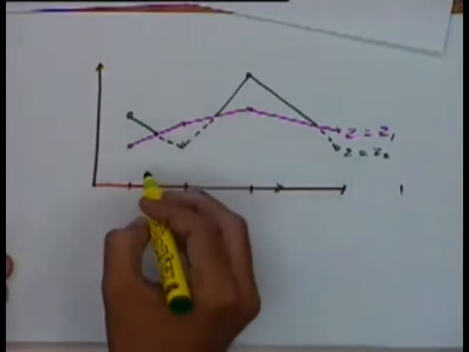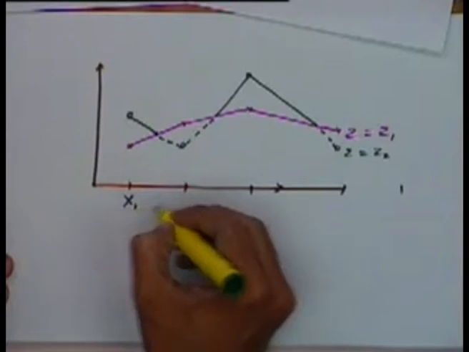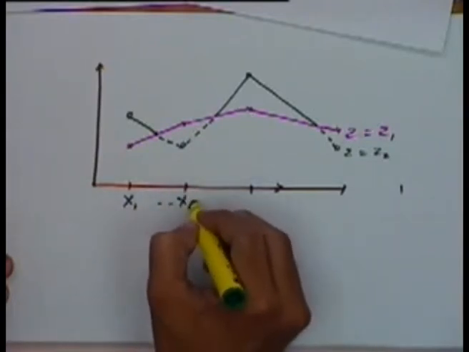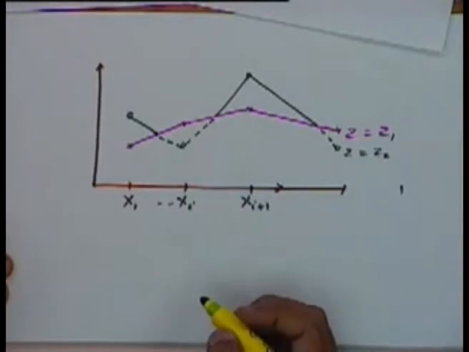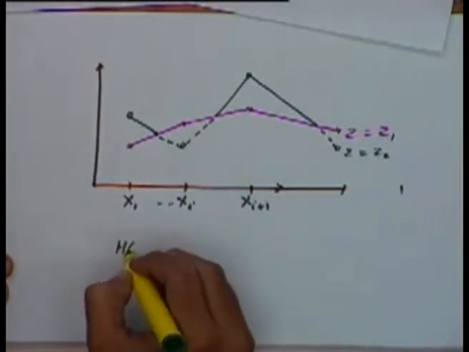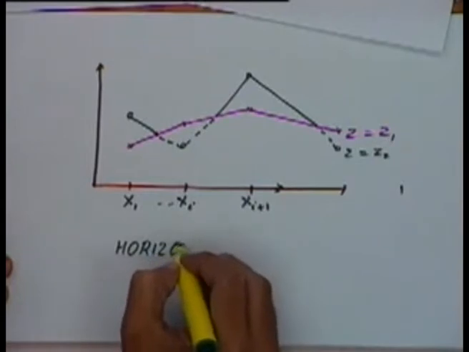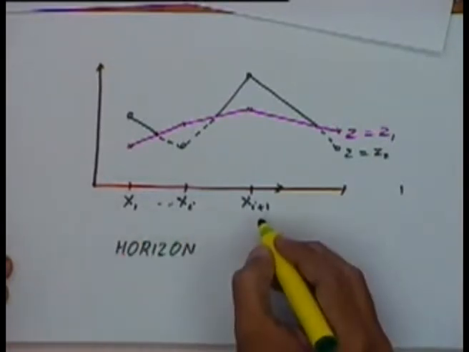So what we will do is, these are the points x1, let's say this is xi and this is xi plus 1, and we will maintain the horizon at each of these xi's.